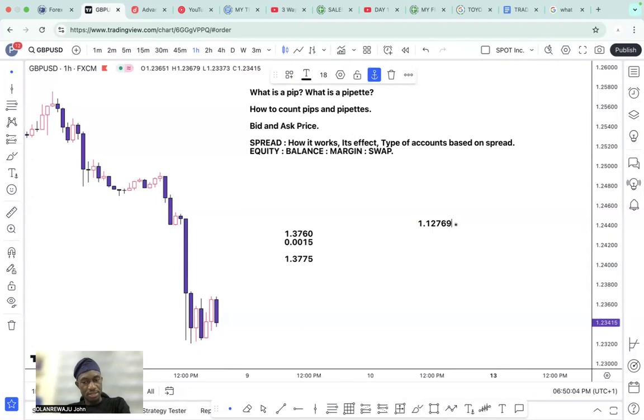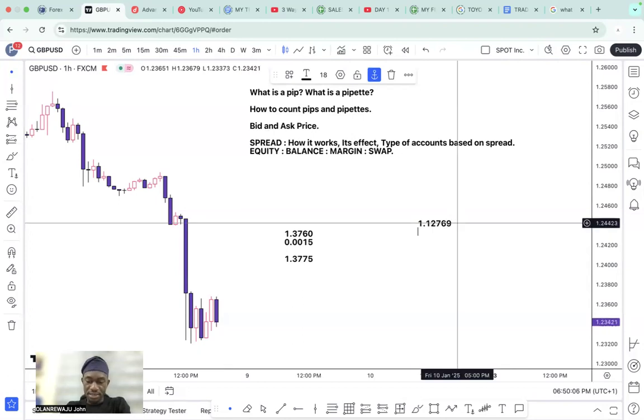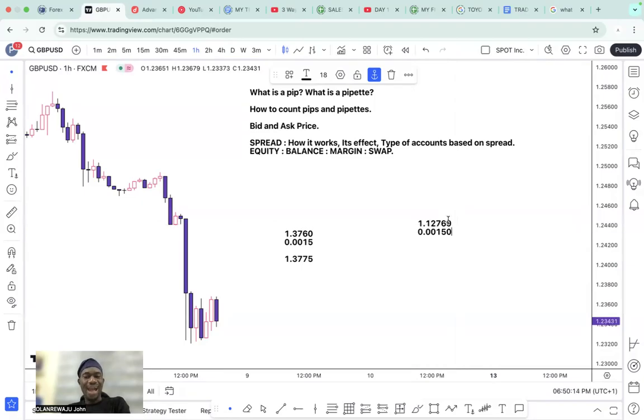Do you get it? That last one is a pipette. So far it is at 9, it's just a pipette. By the time this 9 carries one more pipette to make it 10, what we have here will now be 70. But since what we are dealing with is pips, let's leave it that way.